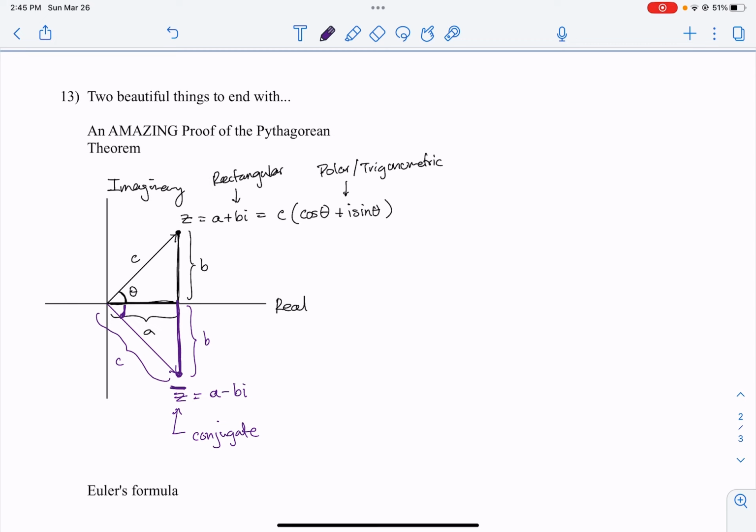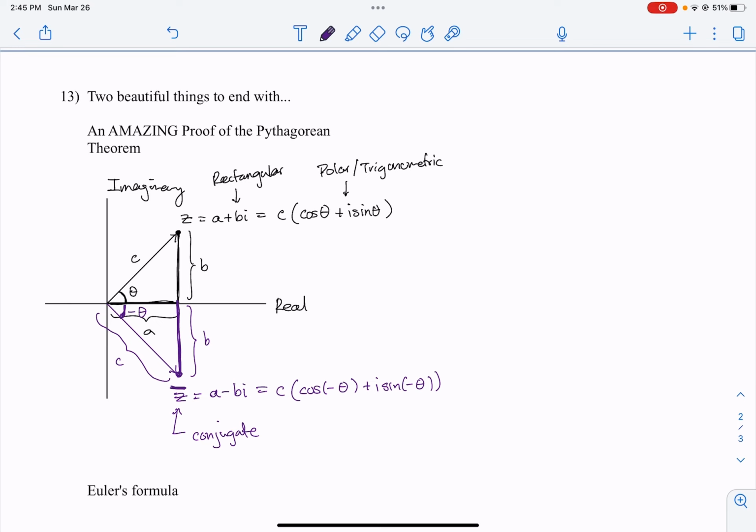Well, this is a clockwise measured angle, so this angle right here is negative theta. It's an angle with the same size, but going the opposite direction. So what would be the polar form for this complex number? Well, it's still going to be c times cosine of negative theta plus i times sine of negative theta, because we're going clockwise to get to the conjugate.